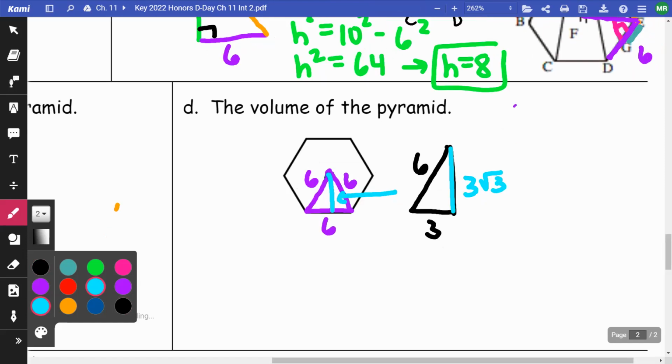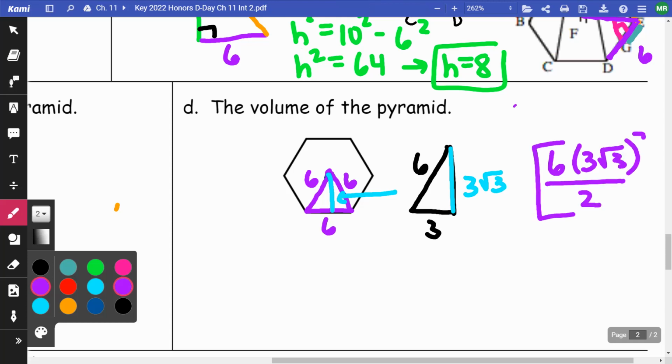So to find the area of one of these triangles, I'm going to take my base, which is 6, my height, which is that 3√3, divide it by 2, and I have 6 of these. So when I do that math, I get 54√3 for the hexagon area.